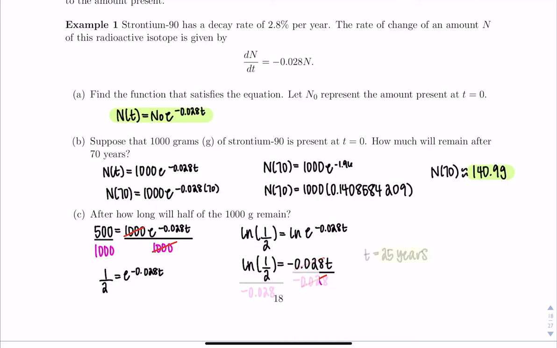And then our last step is to divide by -0.028, so we get t by itself. And we get about 25 years.